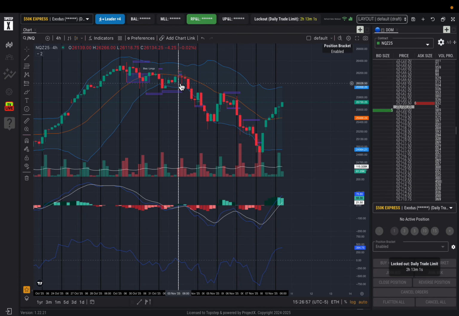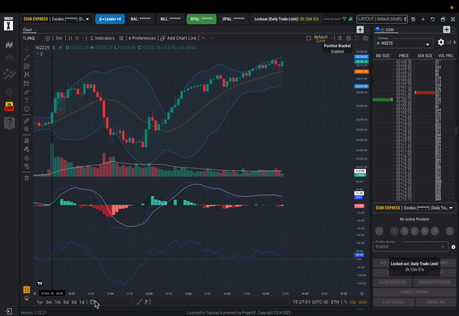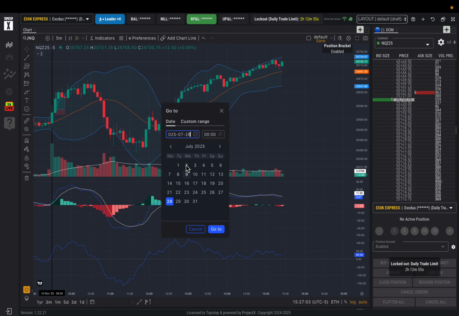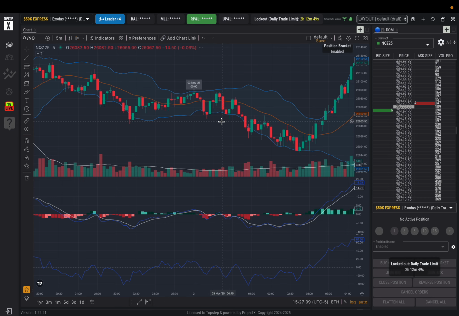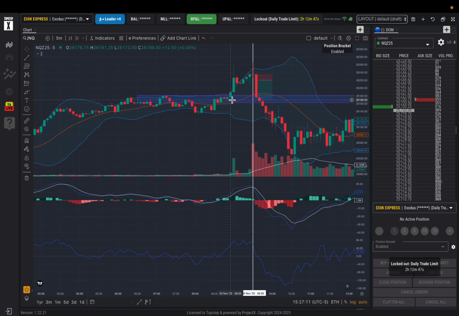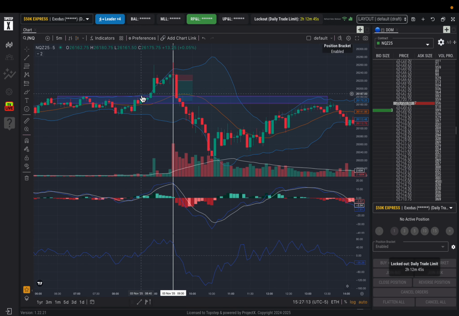Then I went into the 5 minute to look at it, and I marked out my London session liquidity zones and looked at where the market would be heading.